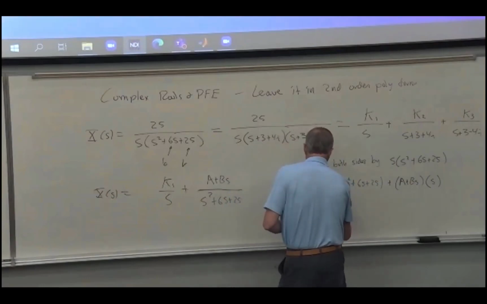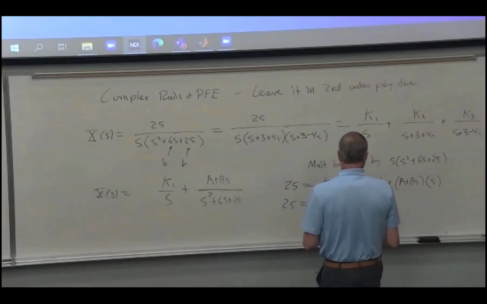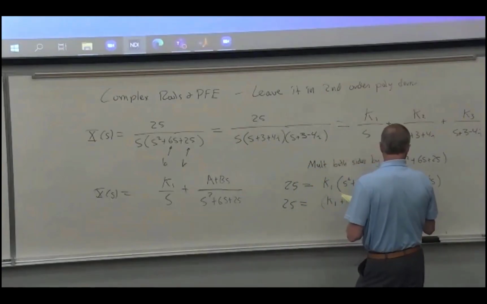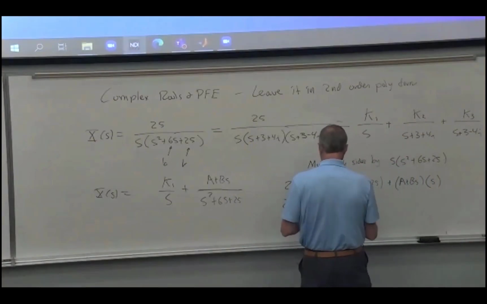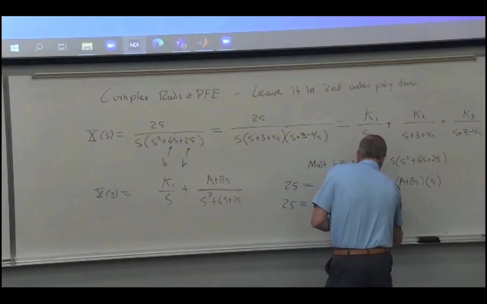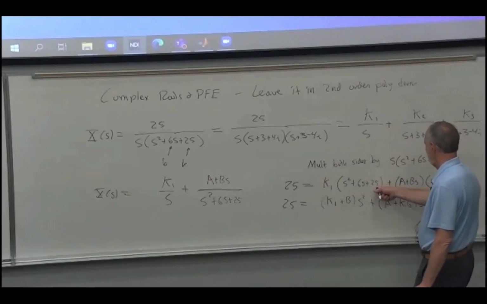We're going to get k1 times s squared and b times s squared. And then our s's are going to come from a times s and k1 6s. Then the constant term, all we got is 25 times k1.